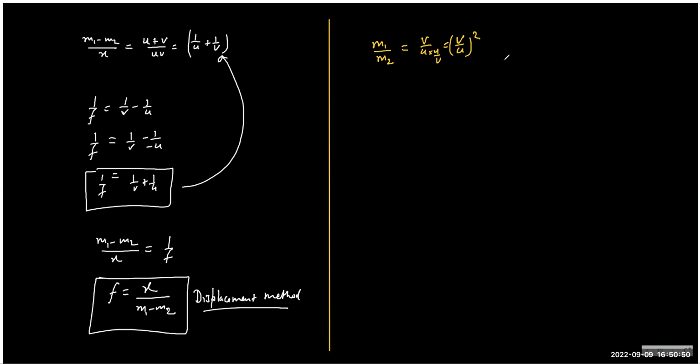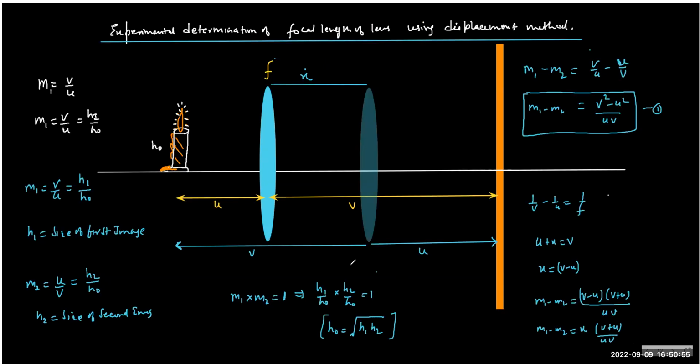Okay. And now, one more thing I can do is, if I choose the screen distance from the object as finite, this is a finite value. This distance is also finite because the object is fixed, right?